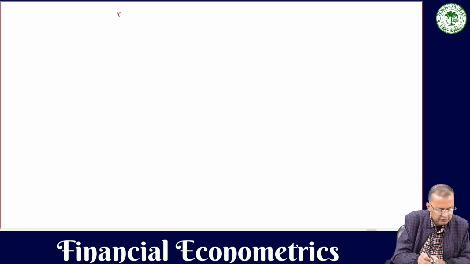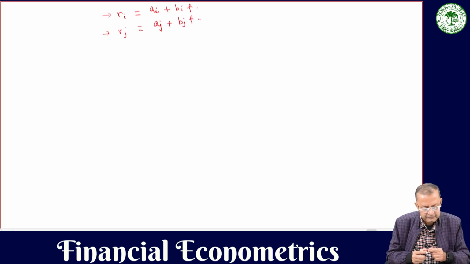Let me rewrite for one asset: Ri is equal to Ai plus Bi into f. For another asset, Rj is equal to Aj plus Bj into f.